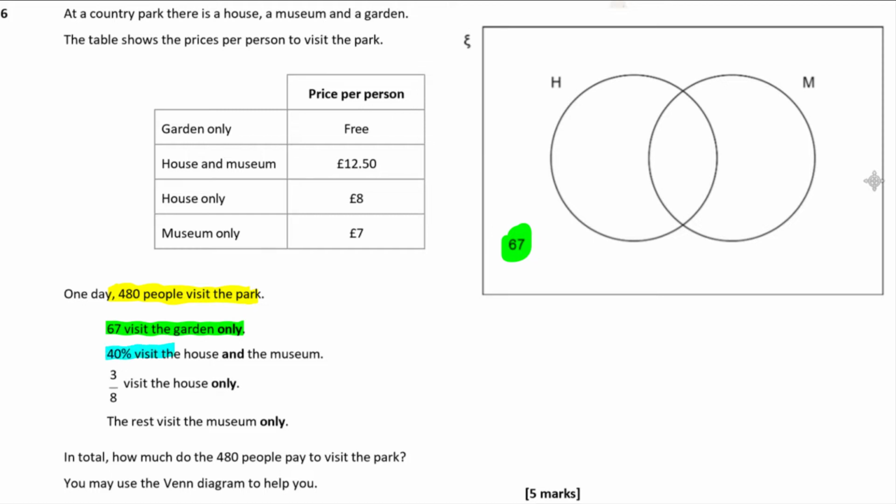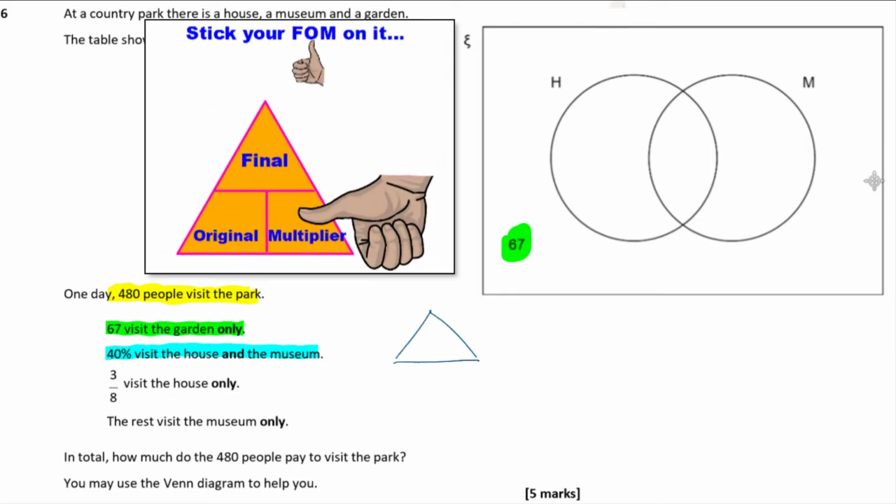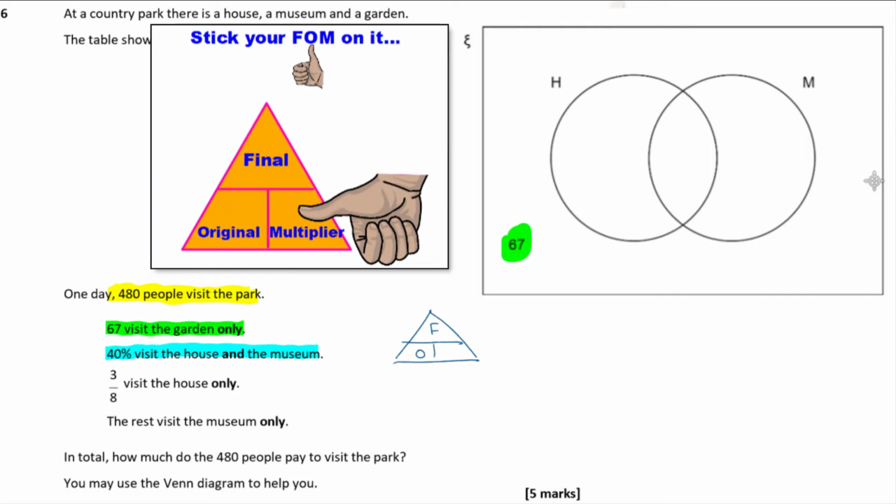Right, so 40% visit the house and the museum. What's 40% of 480? Final, original, multiplier. Final is what we want. Original is what we started with. 480, multiplier is 40%, which as a decimal is 0.4.